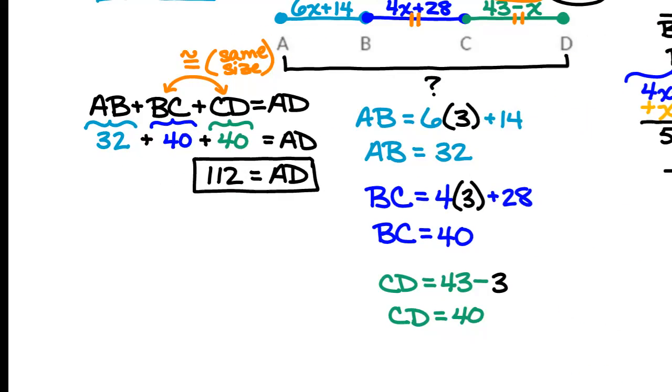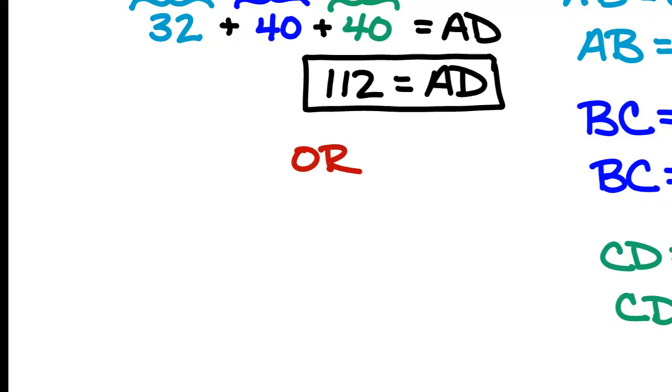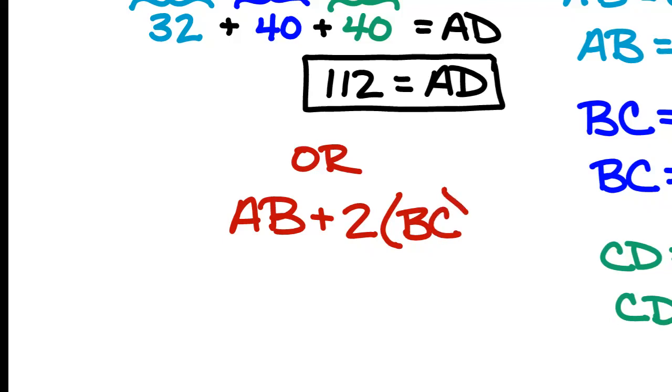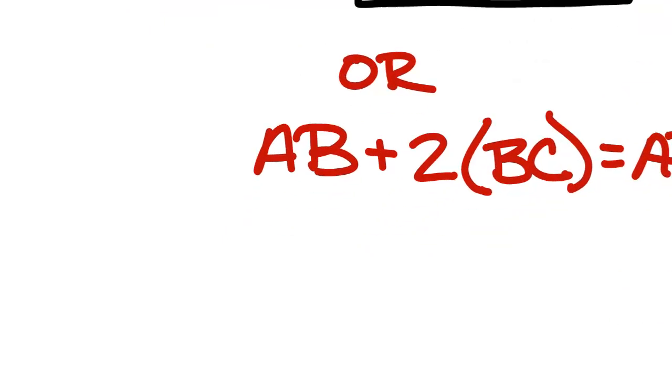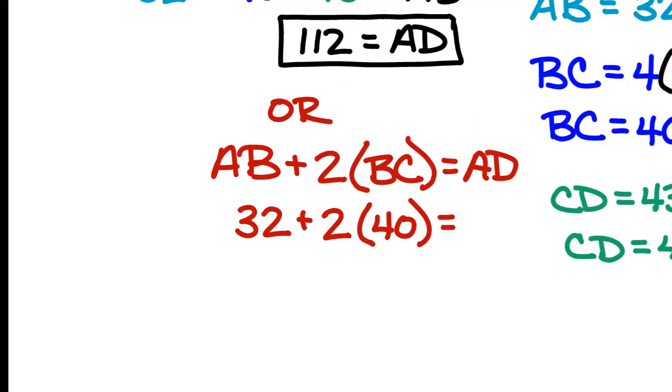Since BC and CD are the same size, I could have just found BC and then doubled it. We could have said AB plus 2 segments the size of BC is equal to AD. That would have given me 32 plus 2 40s, and I get 112 that way too.